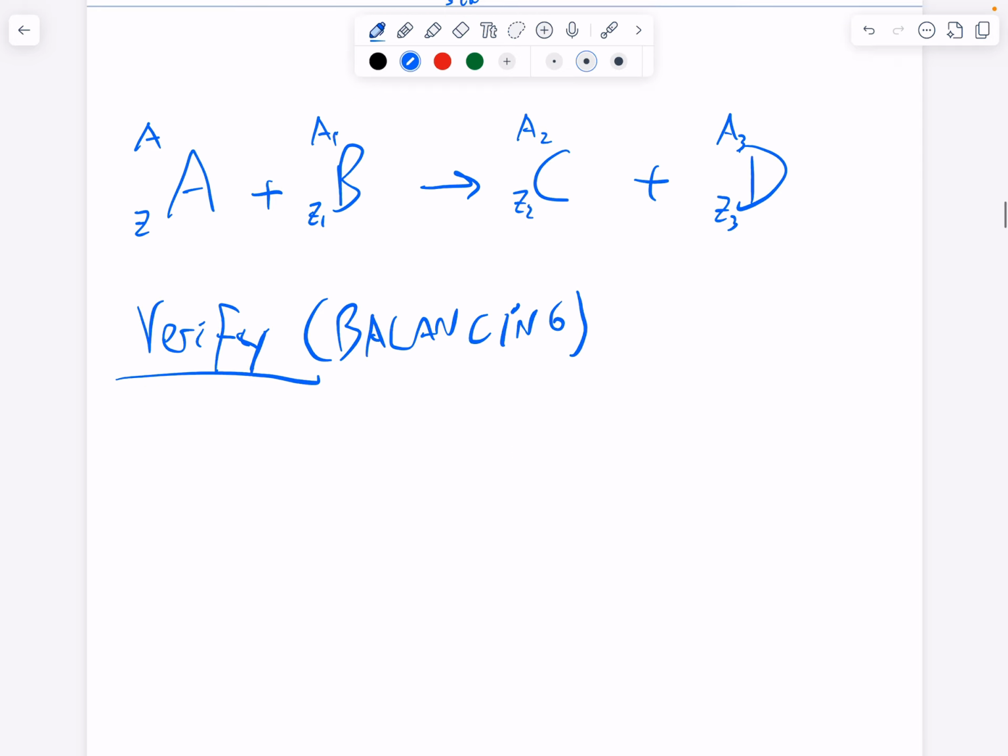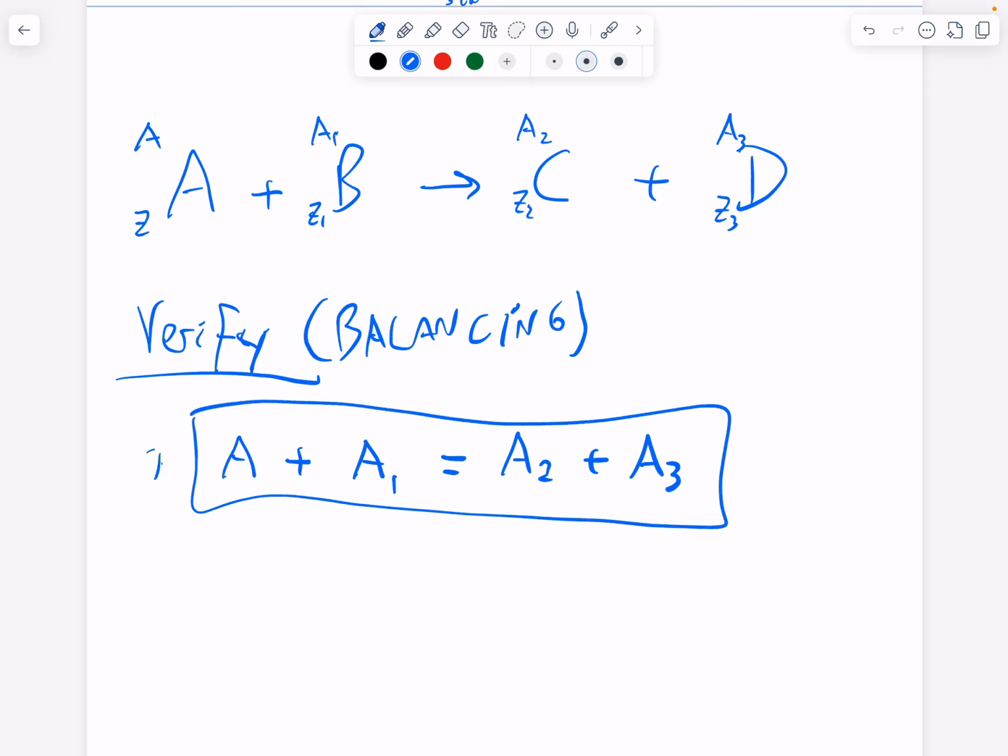is that the number of A's in the reactants, that means the left side, has to be equal to the number of masses in the products.